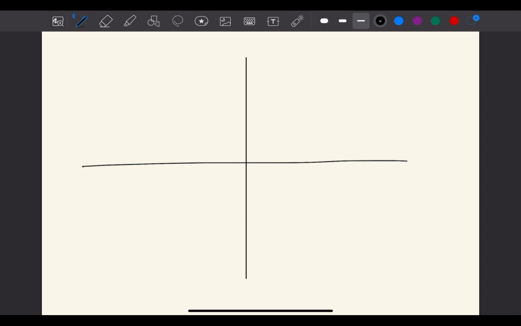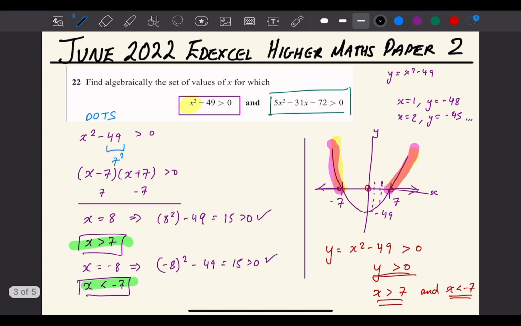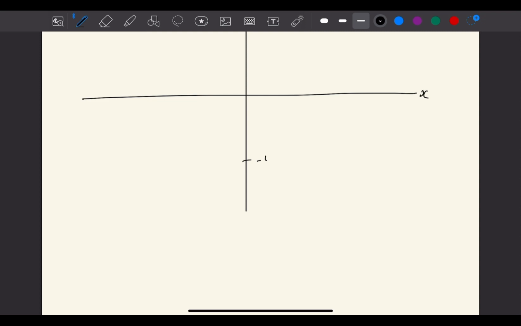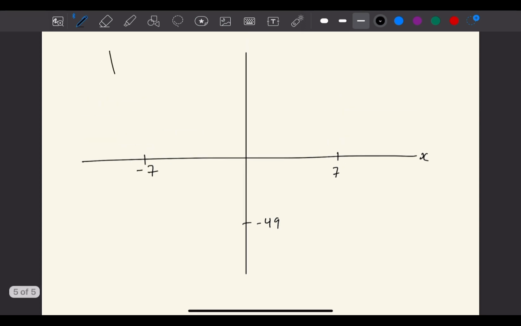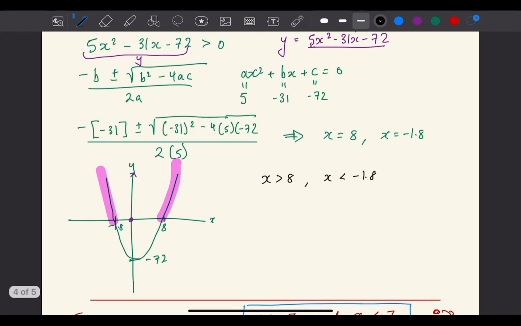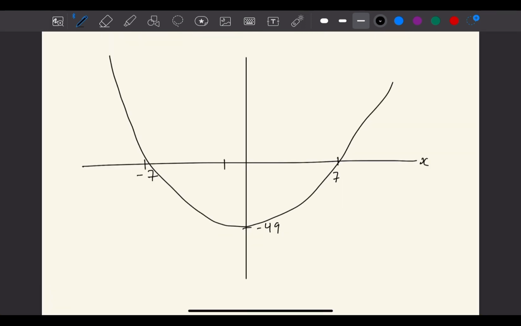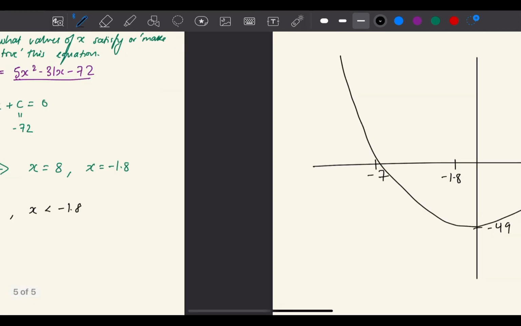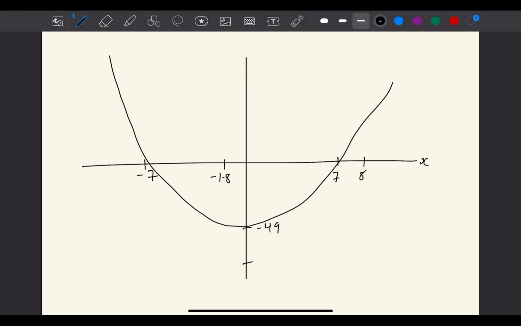Okay, you've got a y-axis, x-axis. So the original graph cuts at minus 7, 7, and minus 49. Okay, minus 49, minus 7, 7. And the second equation cuts at minus 1.8, and then I believe minus 72.